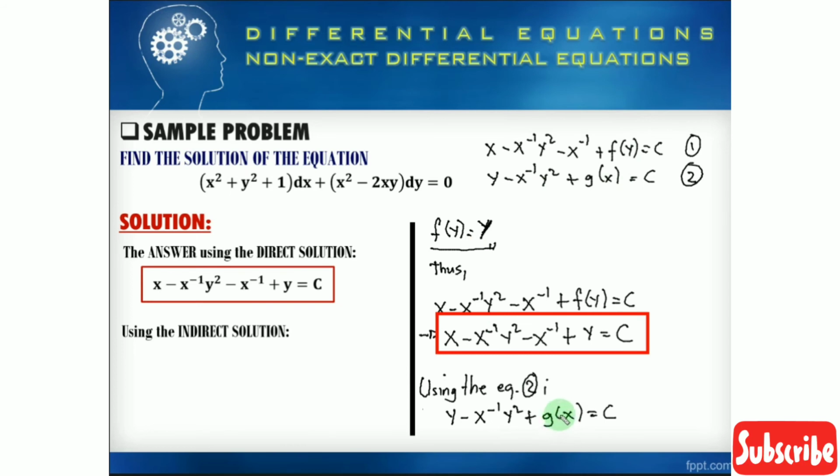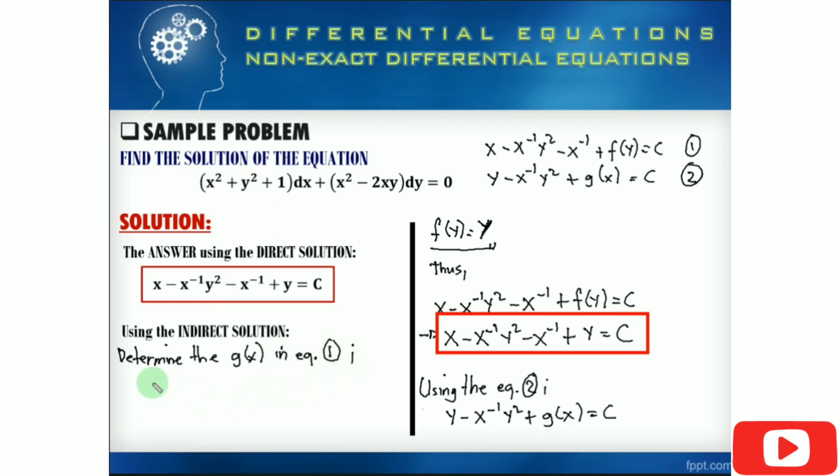So from here, since this is j as a function of x, we are going to determine the j as a function of x in equation number 1.